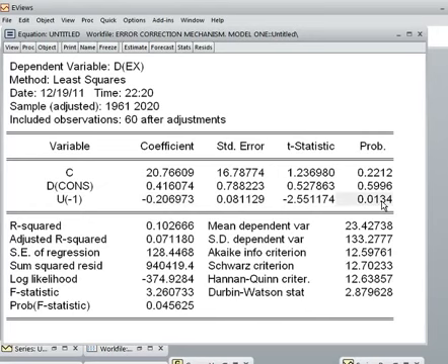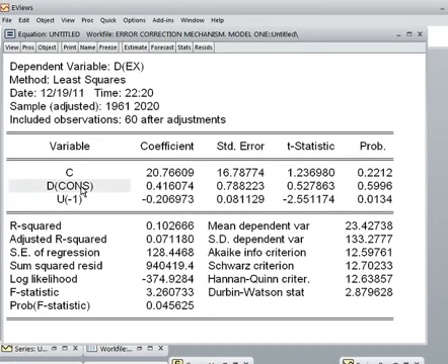It means that our EX and cons, when the lag one residual is significant and has a negative sign, it gives the validity that EX and cons have a long run equilibrium relationship, because the error correction term is negative and significant.